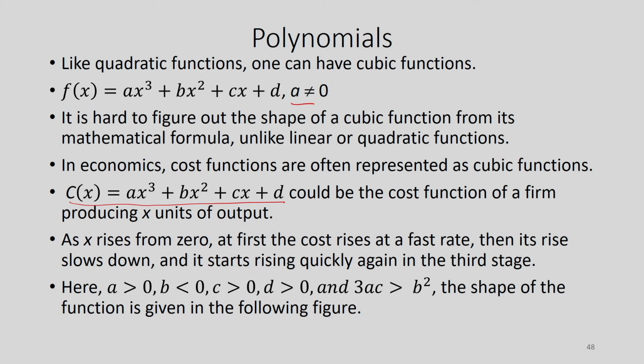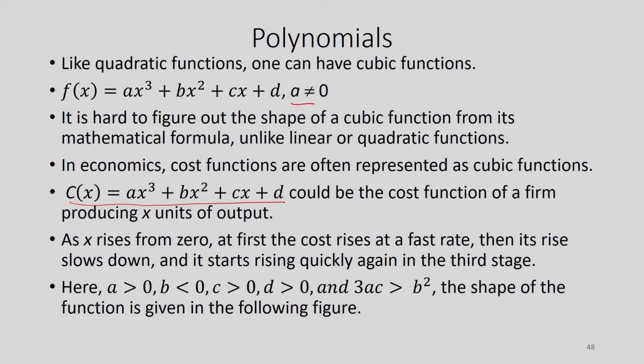As x rises from 0, at first the cost function rises at a fast rate, then its rise slows down, and it starts rising quickly again in the third stage. It is conceivable that the cost function of a firm behaves like that. Firstly, it rises very fast, because you do not have a lot of output to produce and there might be some inefficiencies, as you are not using the plants properly.